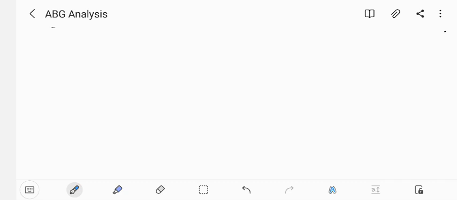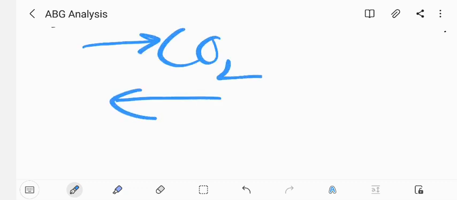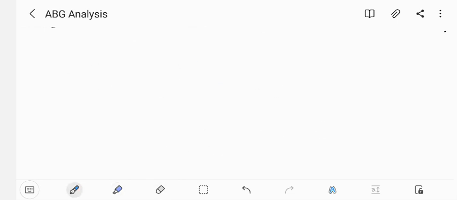Breathing is the exchange of oxygen and carbon dioxide with the environment, but respiration is at the cellular level, where there is exchange of CO2 and O2.